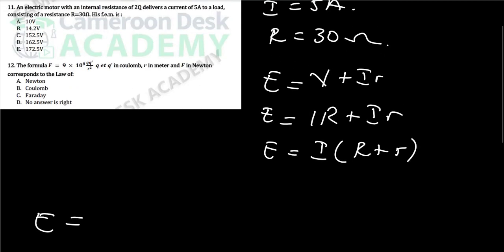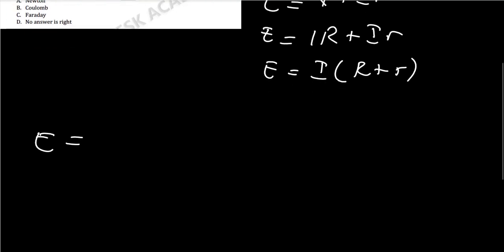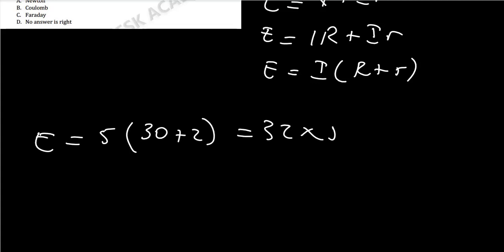So we get that the EMF E will be equal to the current, which was given to be 5 amperes, so 5 into 30 plus 2. So this gives me 32 times 5.